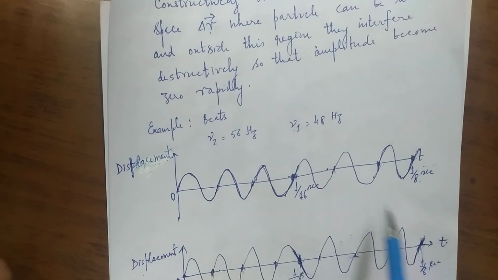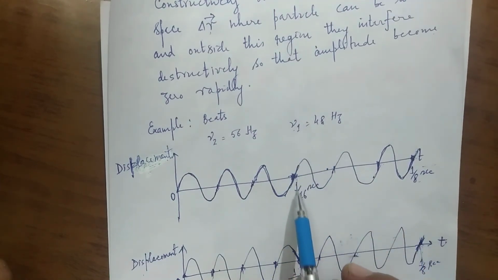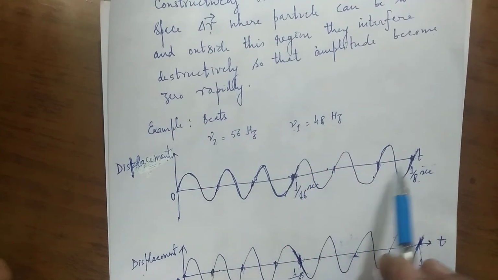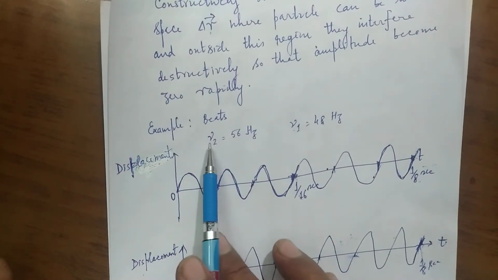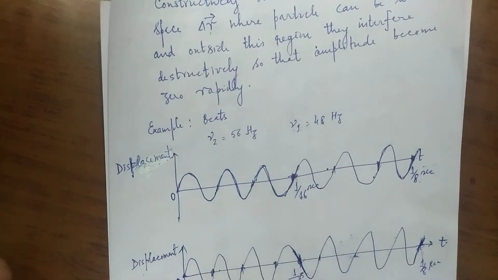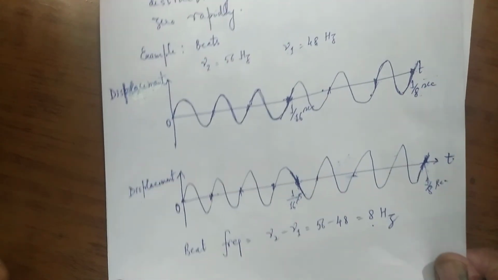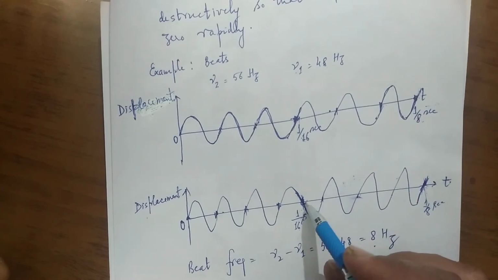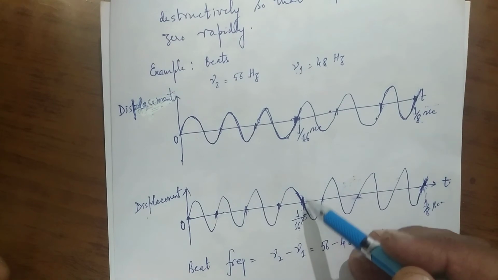Time is along the x-axis. From the first source, 3 waves are emitted in 1/16th of a second and 6 waves in 1/8th of a second. For the second source, that is for 56 Hz, the source is emitting 3.5 waves in 1/16th of a second and 7 waves in 1/8th of a second. Now, if we check their superimposition, then at 1/16th of a second we see that the waves are meeting in opposite phase.